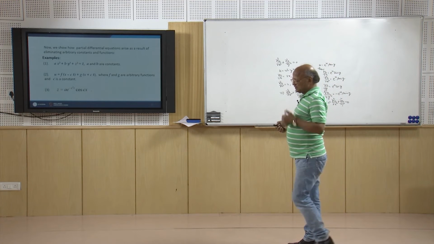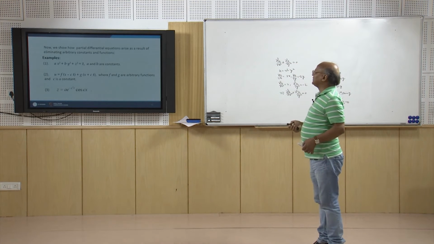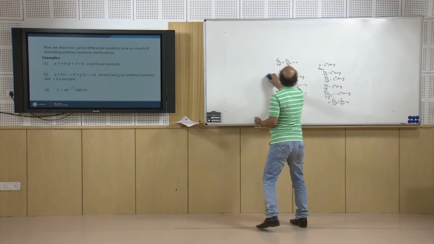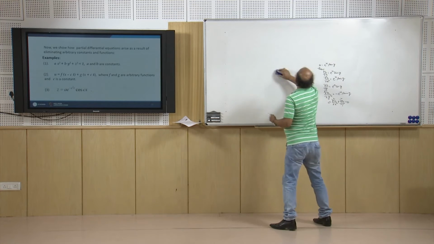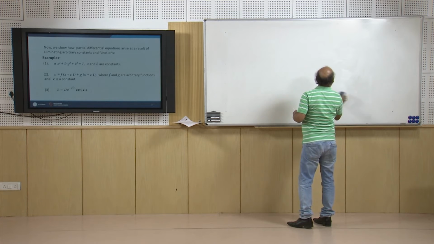Now, we are going to see how partial differential equations arise as a result of eliminating arbitrary constants and arbitrary functions. So, suppose we have a relation in x, y, z, a, b, where a, b are arbitrary constants.